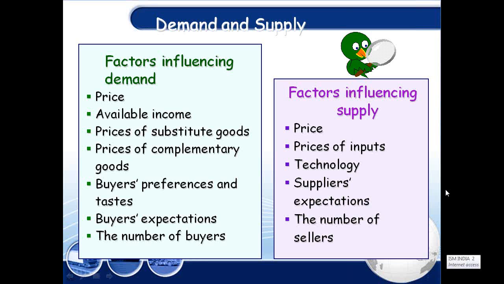If I get very good technologies, maybe I'm able to produce much more. Suppliers' expectations and the number of sellers. If I'm the only supplier in the country, whatever I make is sold, great. But if I've got other supply sources trying to compete with me, and someone comes with a better design than mine, these factors could affect the supply part.